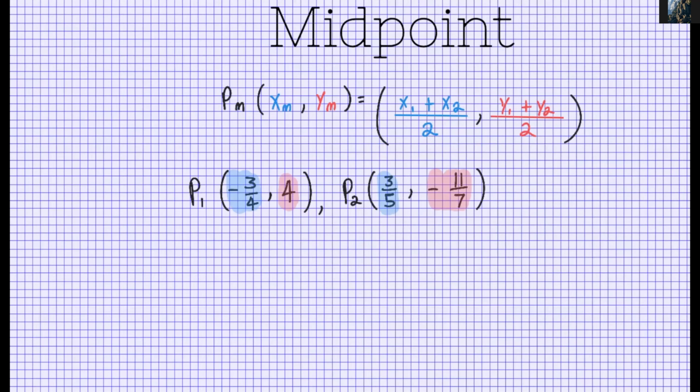So let's begin by calculating the x coordinate for our middle point. I know that I have to add these 2 numbers and then divide them by 2. So if you see, it's just a matter of substituting them into the formula. So I will have -3/4 plus 3/5, and then I divide everything by 2.